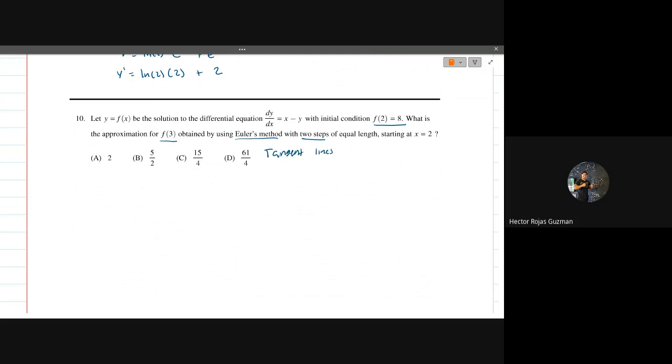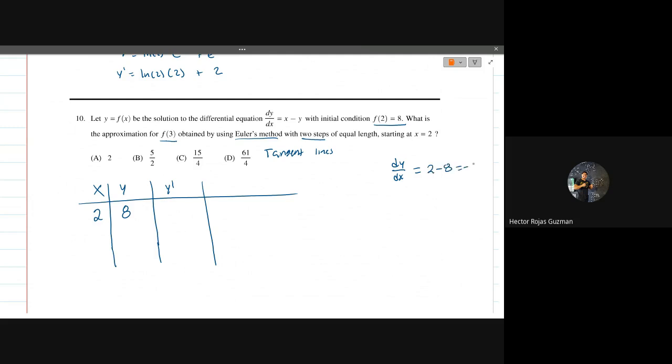So we learned it by making a table where we take all of our information and we just organize it. So the first x value is given to me by the initial condition, which is 2 and 8. That's my point. Next, I'm going to find my slope. dy/dx is equal to x minus y, so 2 minus 8 equals negative 6. That's your slope.